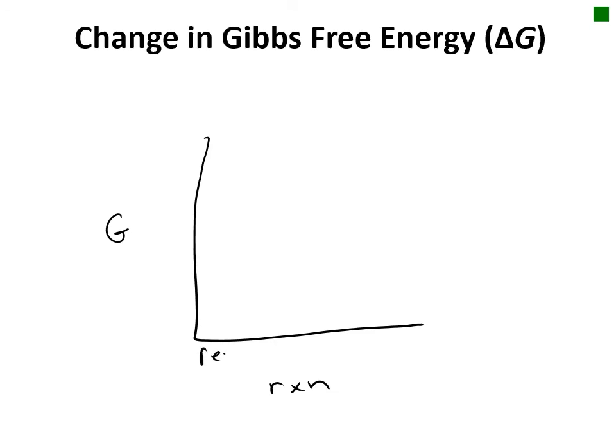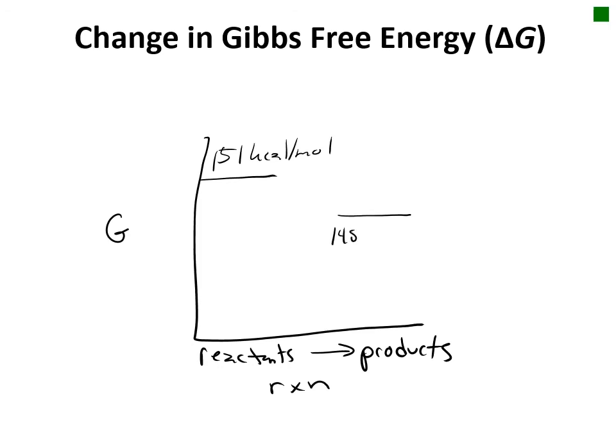The Gibbs free energy of chemical reactions can be depicted in graphical form, where the amount of energy is on the y-axis and the chemical reaction is on the x-axis, moving from reactants to products. In our calculated example, the reactants had 151 kcals per mole of energy, and our products had 148 kcals per mole of energy.